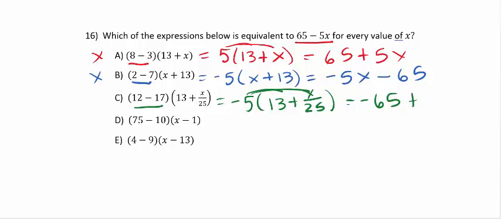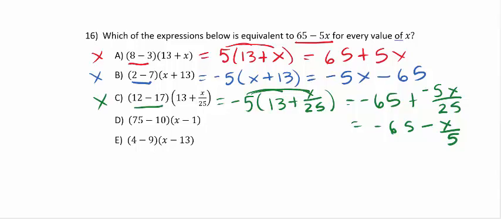And then negative 5 times x over 25 is a negative 5x over 25, which simplifies to be negative 65 minus x over 5. Well, that's not the same thing, so it can't be c.